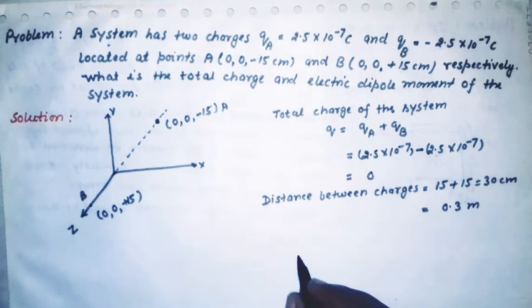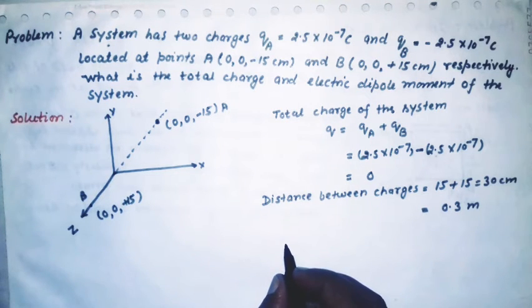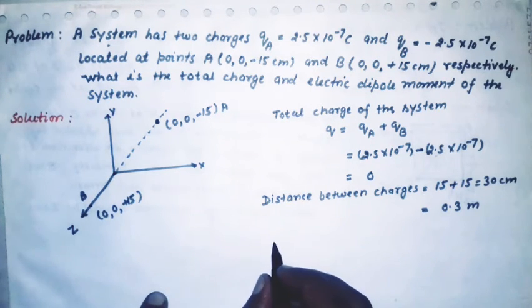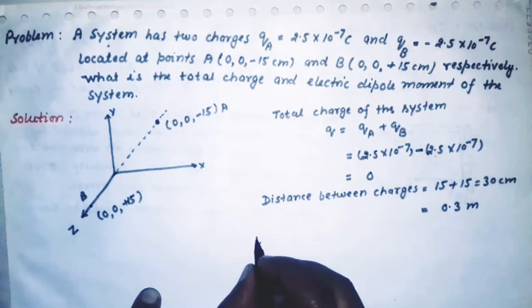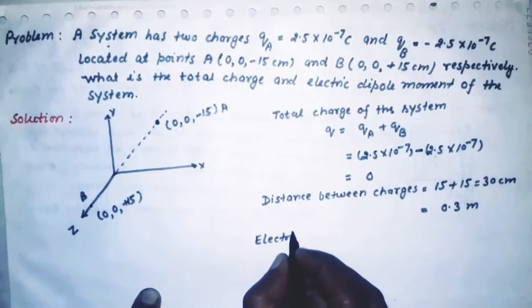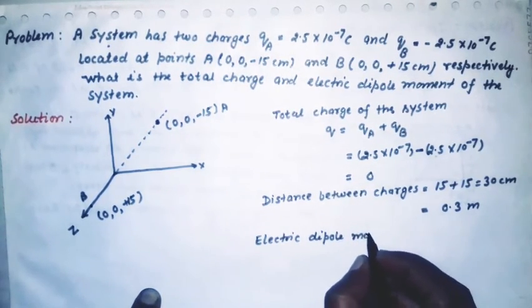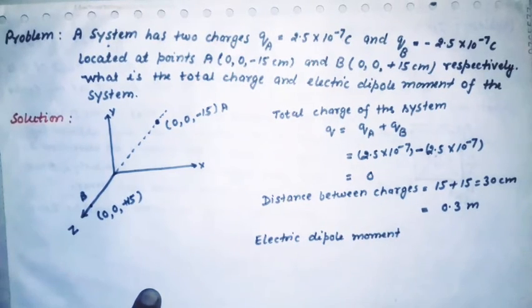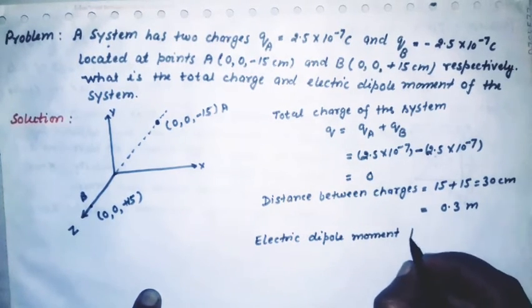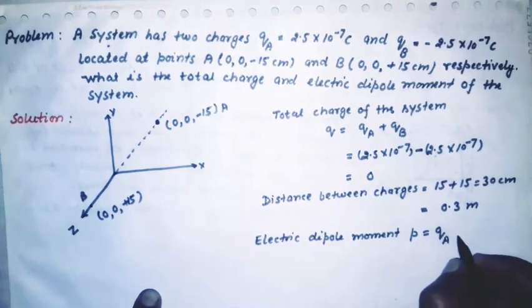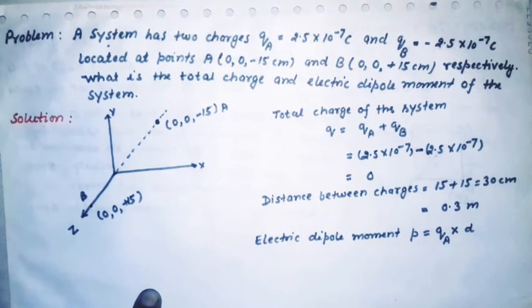So now we have to calculate the electric dipole moment due to charge A. The electric dipole moment is given by QA into d.